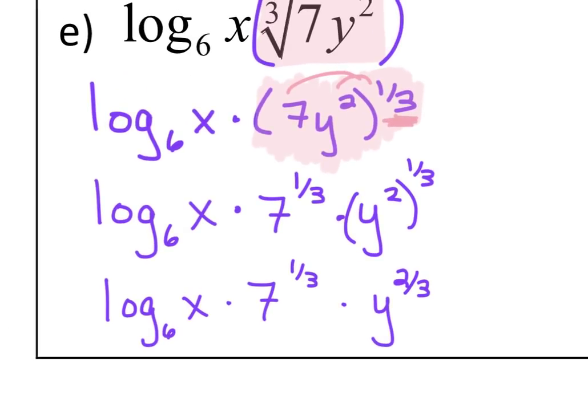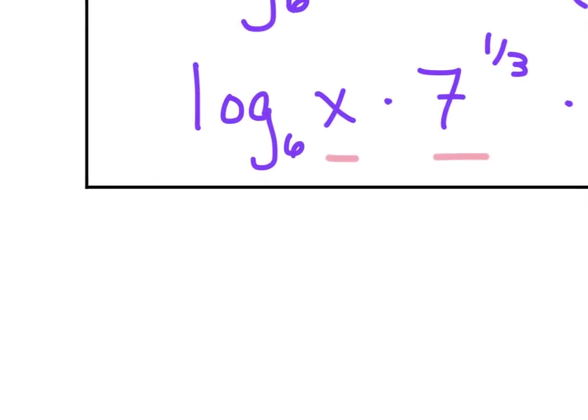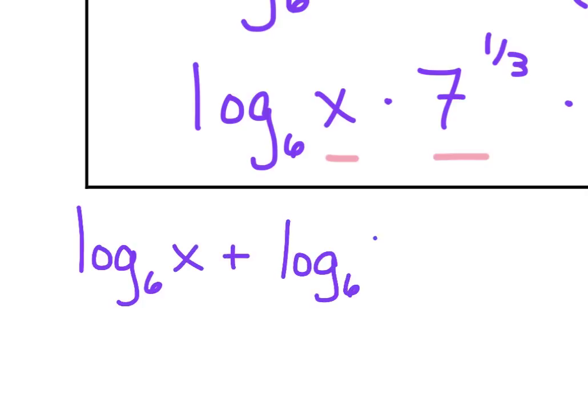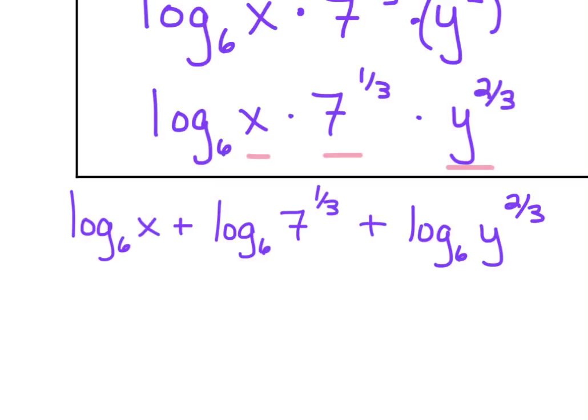Now I have three things being multiplied, and so it's going to be log plus log plus log in my next step. So I've got log base 6 of x plus log base 6 of 7 to the 1/3 plus log base 6 of y to the 2/3. And last but not least, I have to deal with those exponents.